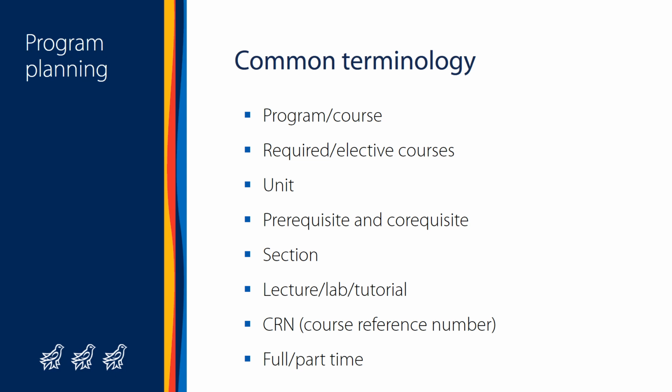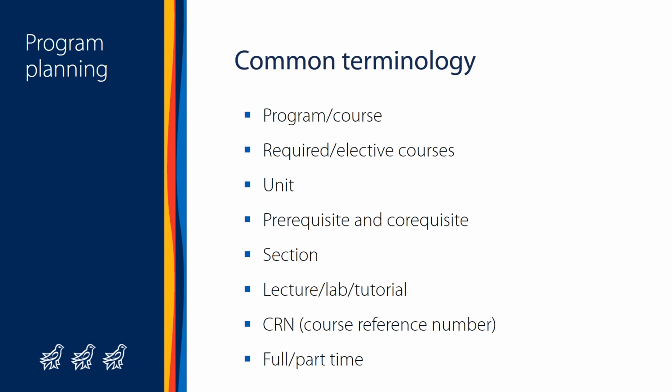This is a big takeaway from the planning for your registration, is the CRN. Because when you actually go to register, what you're inputting into the system are course reference numbers, 5-digit numbers that correlate to a specific section of a lecture, a lab, and or a tutorial.